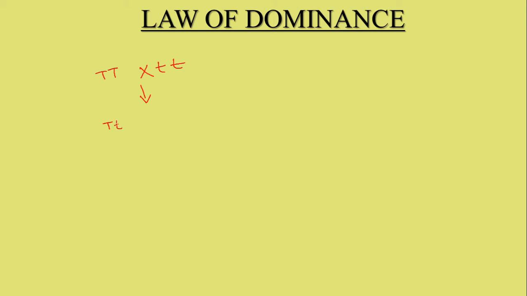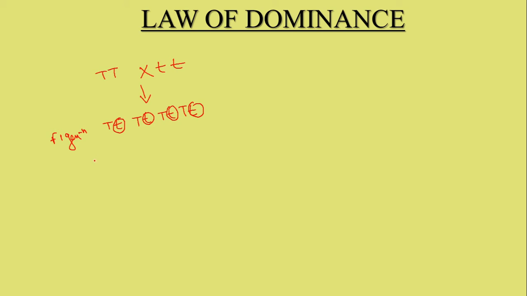Because we get capital T small t, capital T small t, capital T small t and capital T small t in F1 generation. So all the plants will appear tall, but also receive dwarf factor, that is these small t's. It shows dwarf character which is now hidden in F1 generation but will reappear in F2 generation.